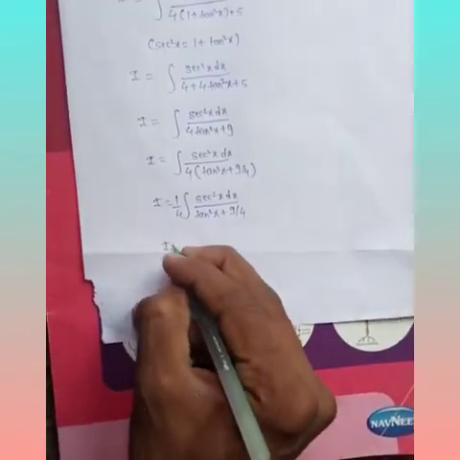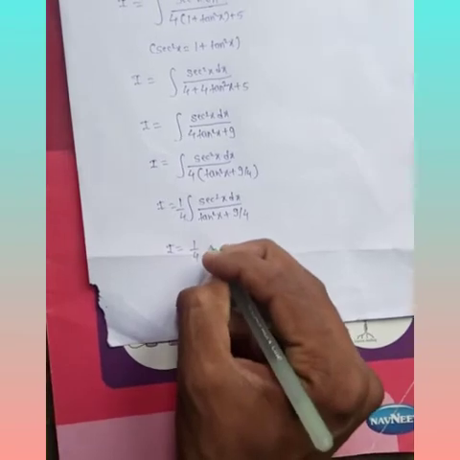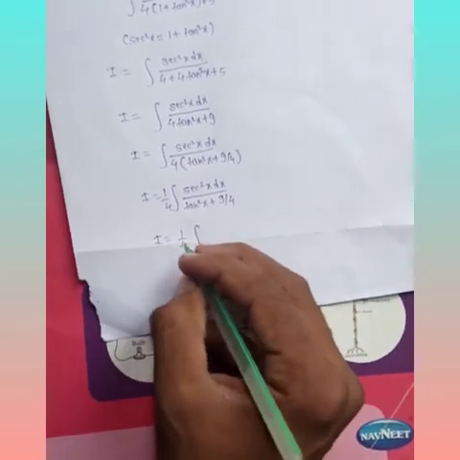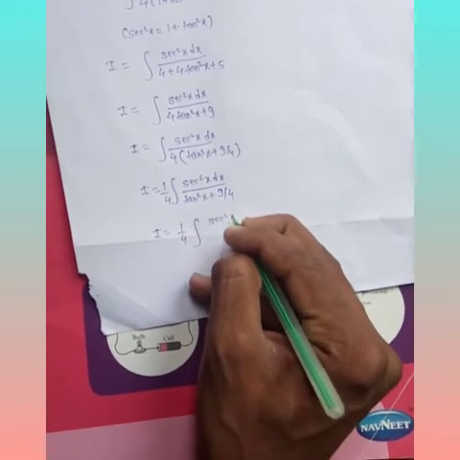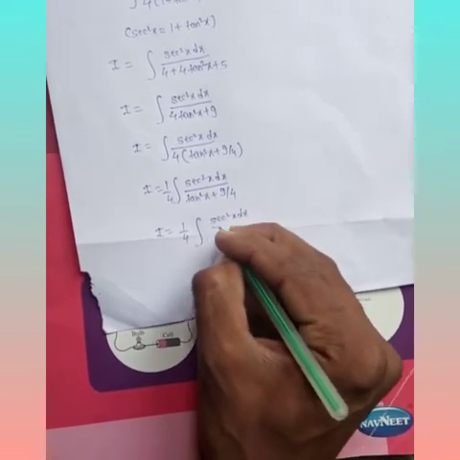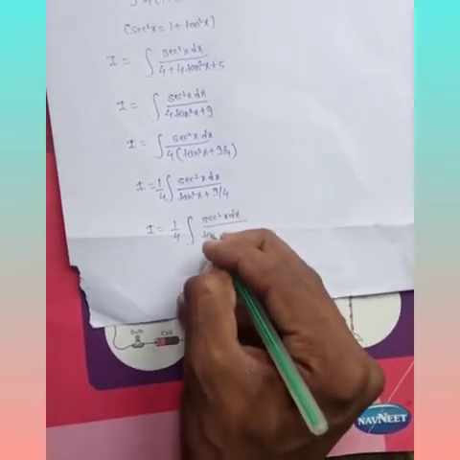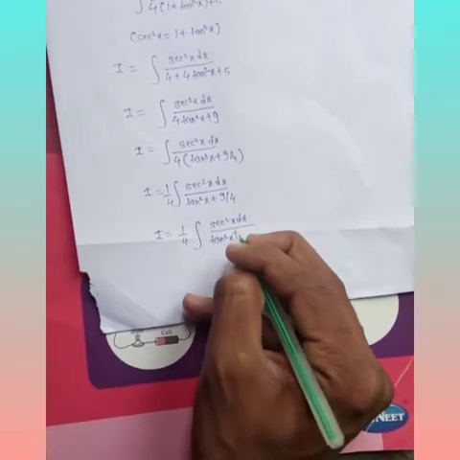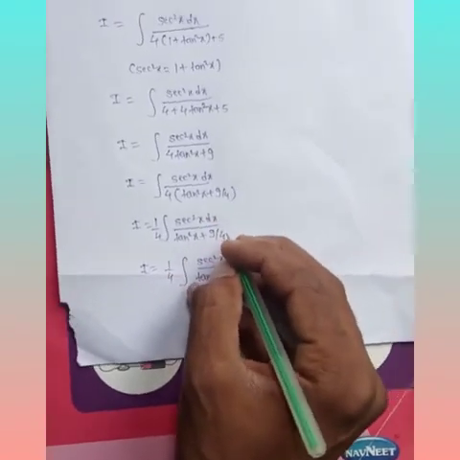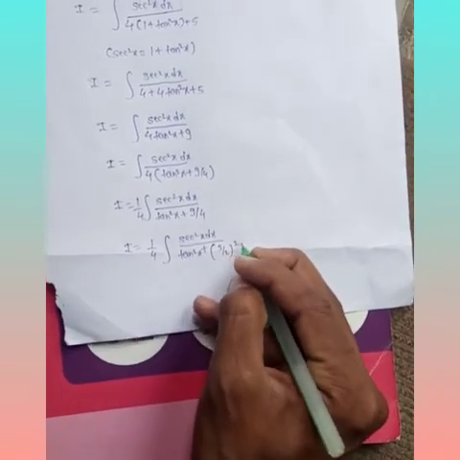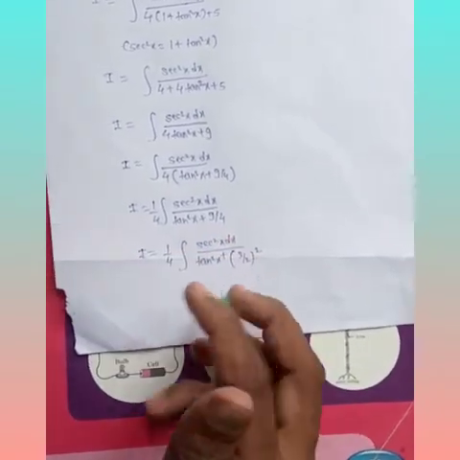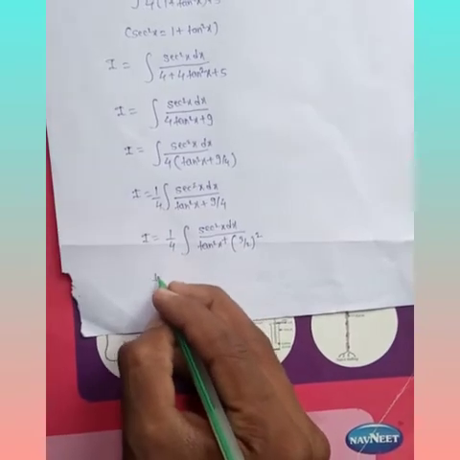So I is equal to 1 by 4 into the integration of sec square x dx upon tan square x plus, so here 9 by 4 can be written as (3 by 2) whole square.